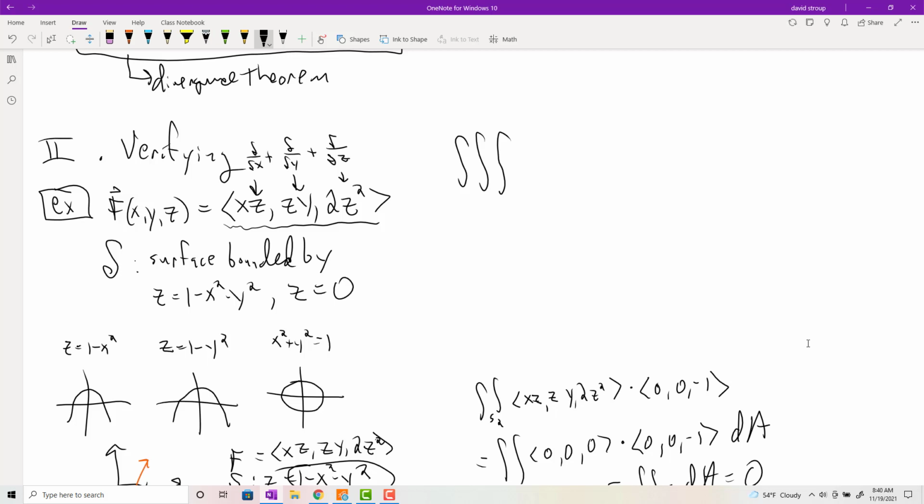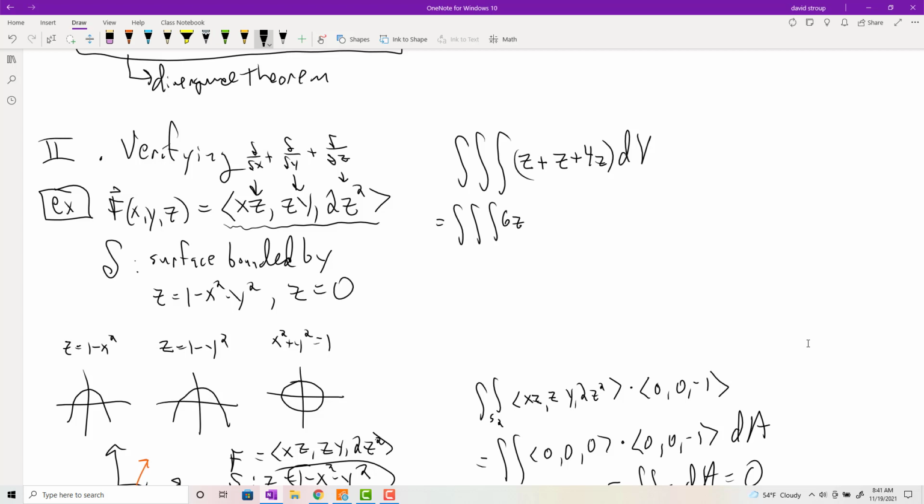So the divergence of f would become z plus z plus 4z. Okay, and then dv.